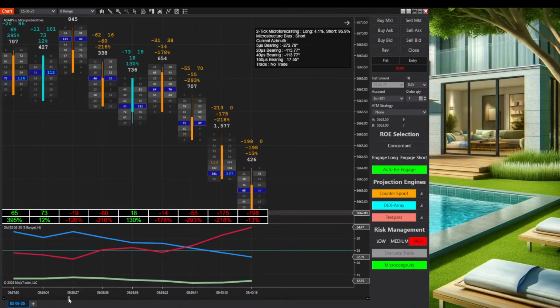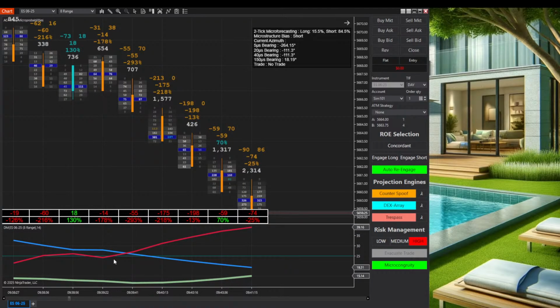This is perfect. Okay, so obviously you can see very bearish, price moving lower, and there's low momentum. All you gotta do is, if you're trading, just turn it on.